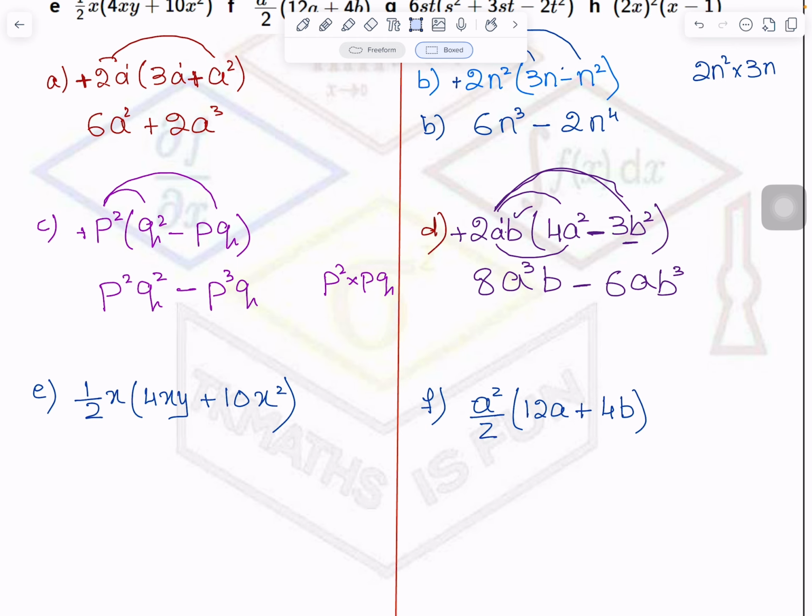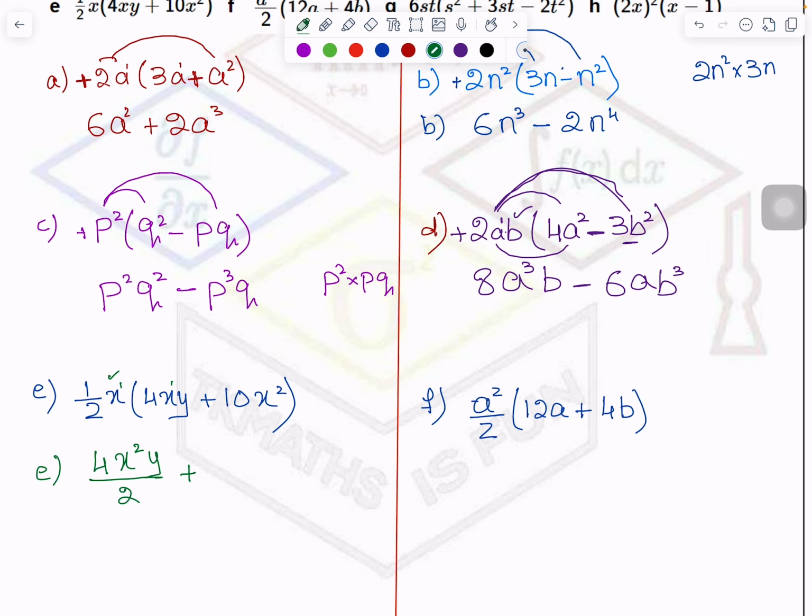Okay. Part E now. Part E, it is a fraction, so be careful. Numerator multiplies by numerator only. So x is in the numerator here. Remember, 1x. So when x multiplied by 4xy, it will become 4x square y, because both x have power 1. 2 will come here as a denominator. We will simplify it in the next step.